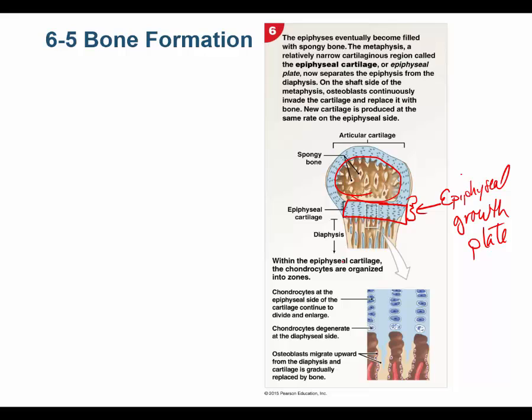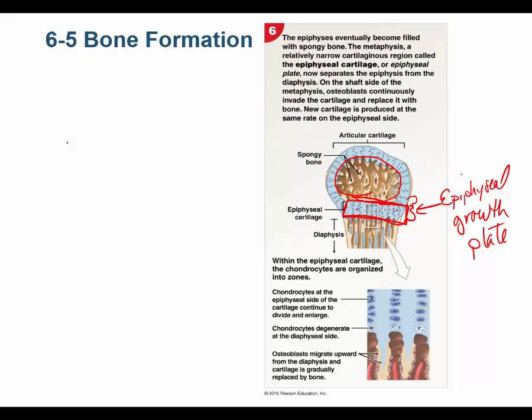So if I want to grow taller because I just had a surge of growth hormone, that growth hormone comes down in here and tells these chondroblasts to lay down new cartilage. And then I ossify that cartilage, still always leaving a thin layer of epiphyseal growth plate. The next time I have a surge of growth hormone, it tells these chondroblasts to lay down new cartilage, and then the osteoblasts invade the area and calcify that cartilage, still leaving a thin layer of epiphyseal growth plate.